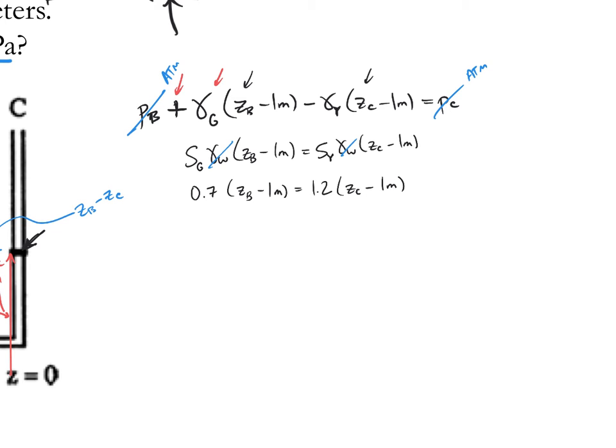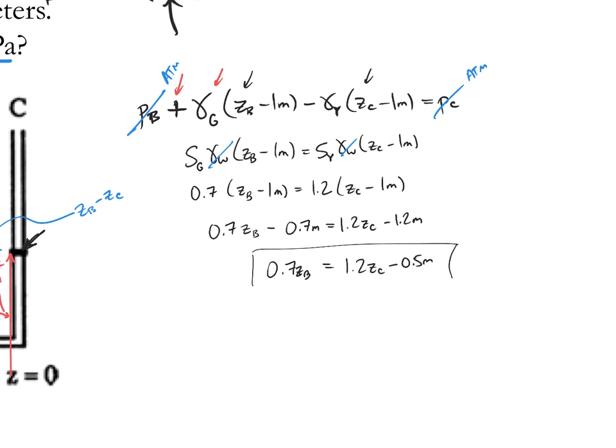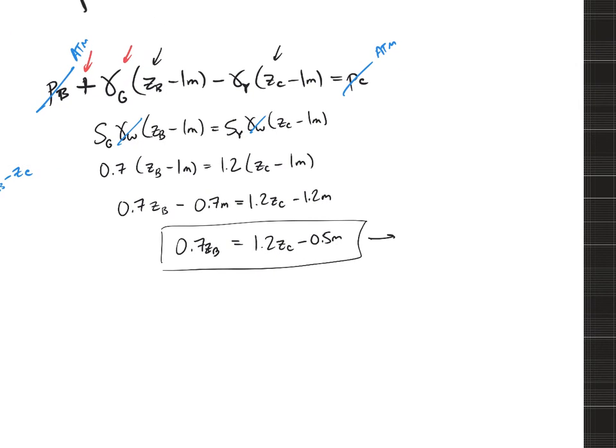I keep going, so we get 0.7 ZB minus 0.7 meters equals 1.2 ZC minus 1.2 meters. So 0.7 ZB equals 1.2 ZC minus 0.5 meters. And if you get here, you can see that algebraically it's going to be very difficult.